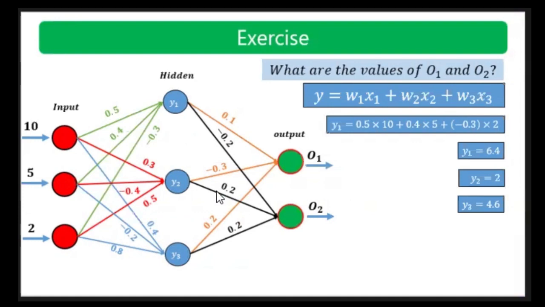So now this 6.4 is going to be multiplied by 0.1 and 6.4 is going to be multiplied by 0.2. For example, to calculate O1, y1 is 6.4, 6.4 into 0.1, y2 is 2 based on the calculation, 2 into minus 0.3, and y3 is 4.6, 4.6 into 0.2.